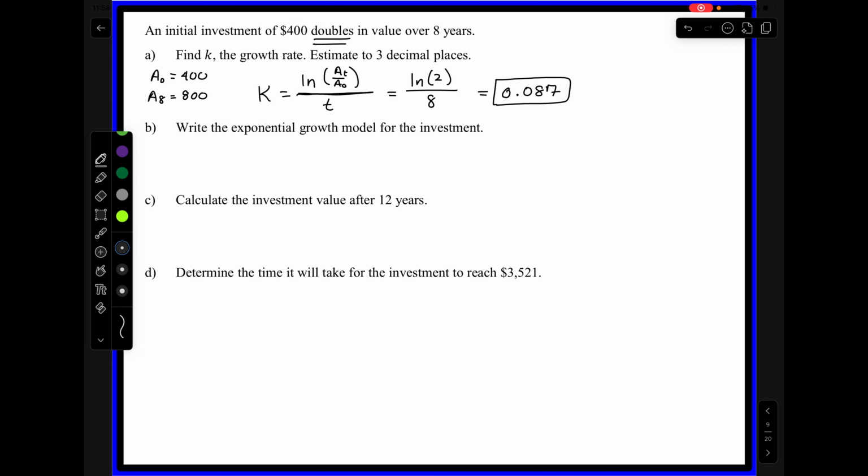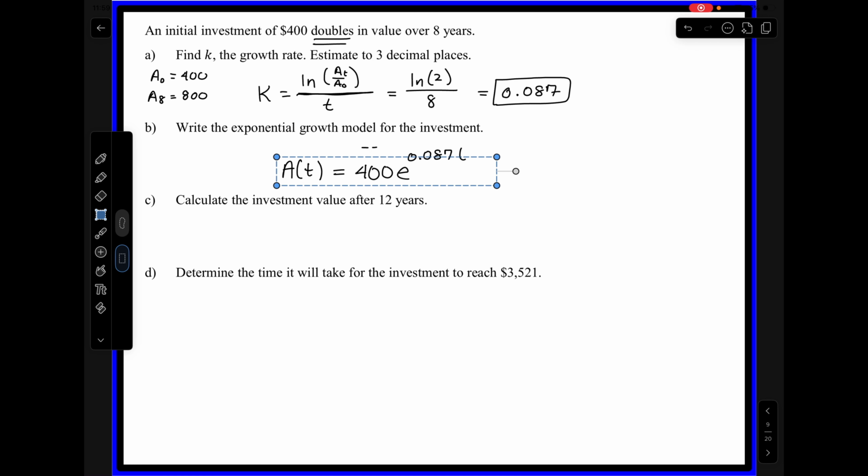Now, knowing the value of K, we can create the model for this situation. The investment amount, we'll call it A of t, is going to be modeled by the $400 that we're starting off with, e to this K value of positive 0.087 multiplied by t. Let me write this over.